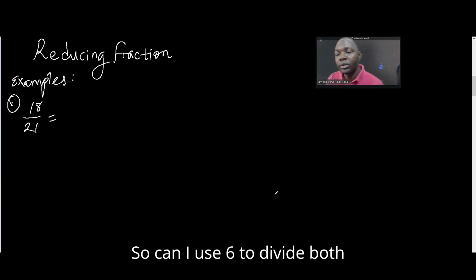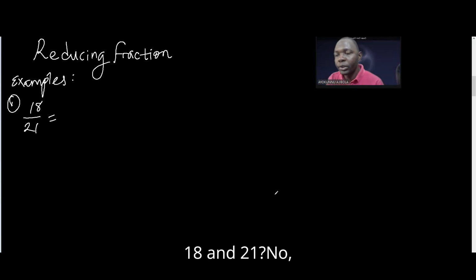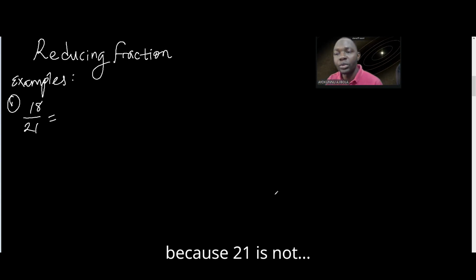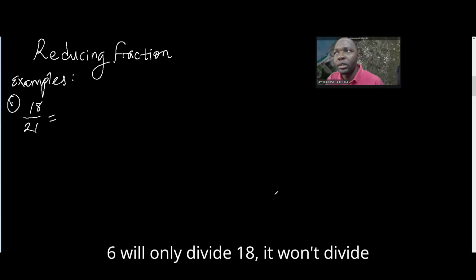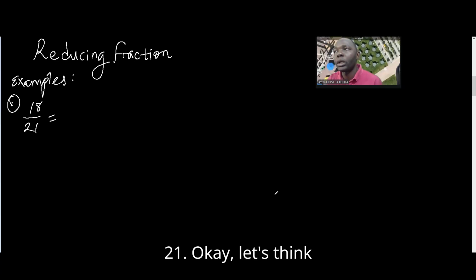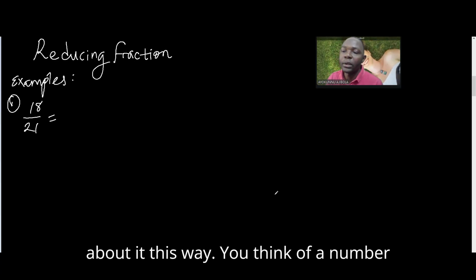No. So can I use 6 to divide both 18 and 21? No, because 21 is not on 6. It's only 18 that's on 6. So the 6 will only divide 18. It won't divide 21.